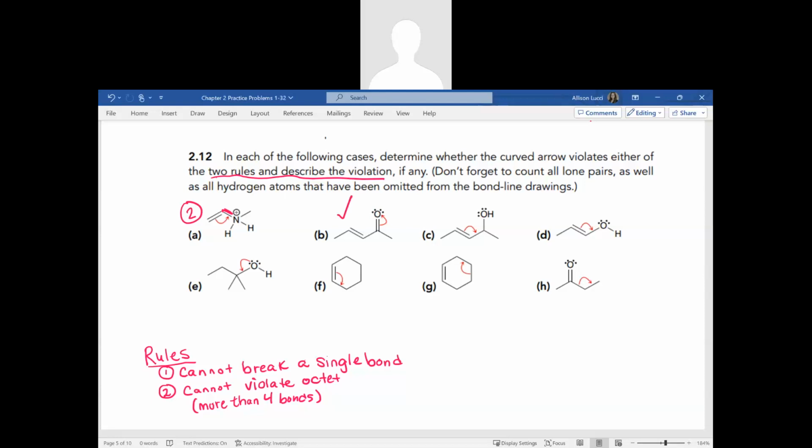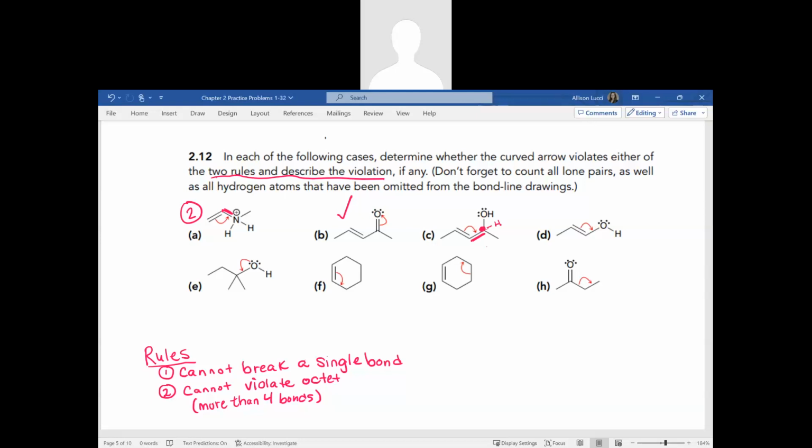So C here, we have movement of these pi electrons again. So this bond here would be created. And we're told to remember that there are hydrogen atoms omitted at times. So there would be 5 bonds to the carbon atom here, and that would violate the octet.